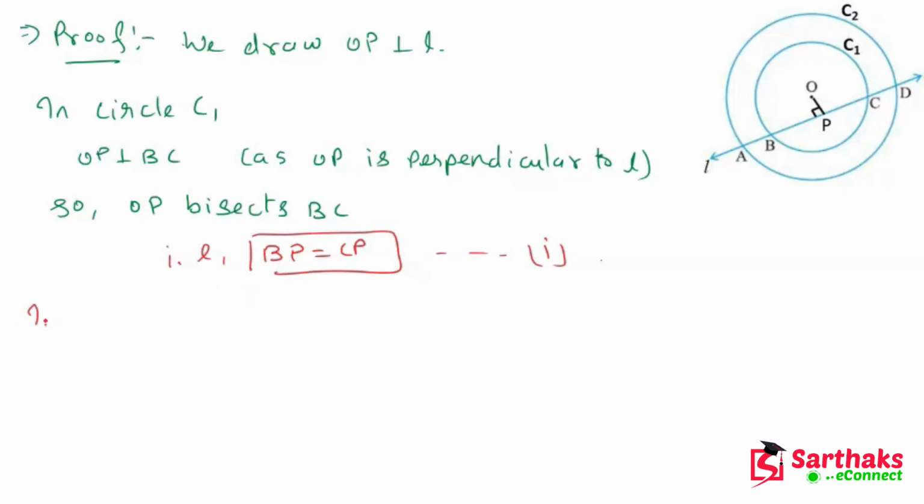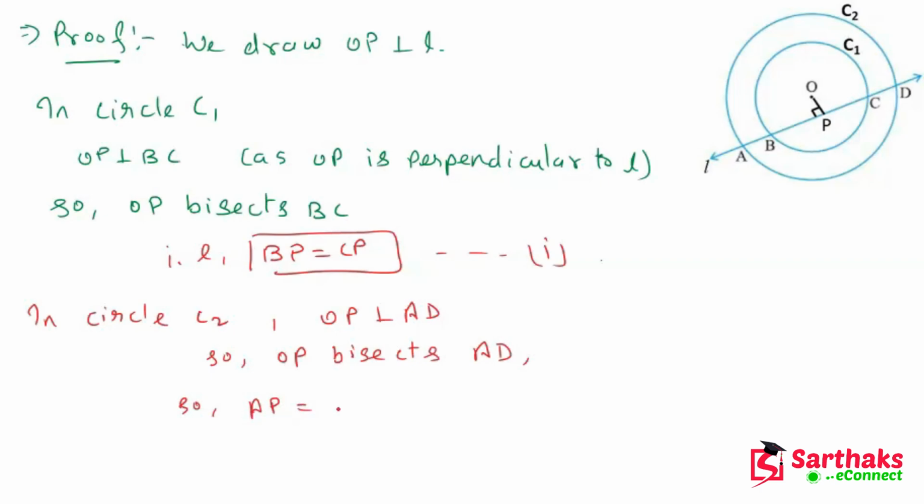Similarly, in circle C2, OP is perpendicular to AD, because OP is perpendicular to line L. So OP bisects AD, and we can say that AP is equal to DP.